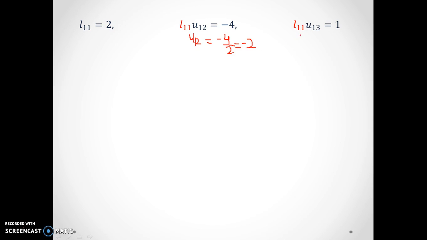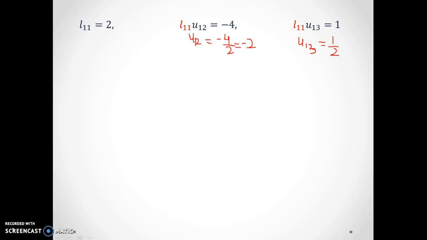Similarly, if you check this equation, I can calculate U13 as 1 by L11. Again L11, we already know, is 2. So therefore U13 is equal to half.